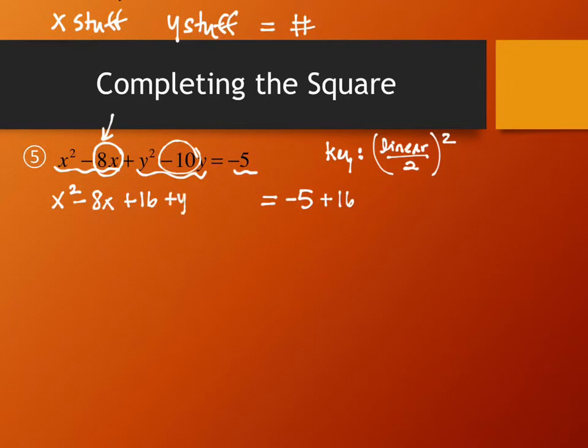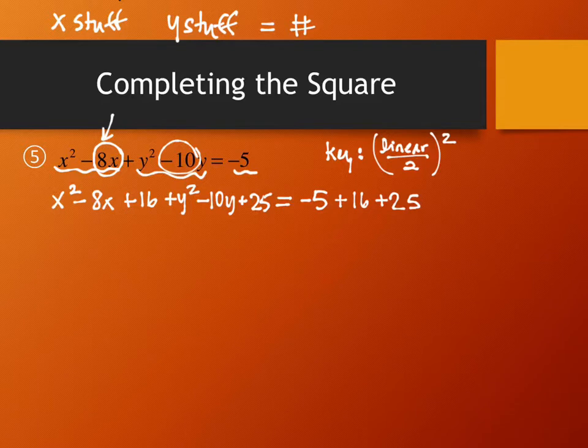So again, I write down the y pieces, the y squared, the negative 10y, and then I add 25 right next to the 10y. And if I add 25 to the left, I add 25 to the right. Is everybody good so far?